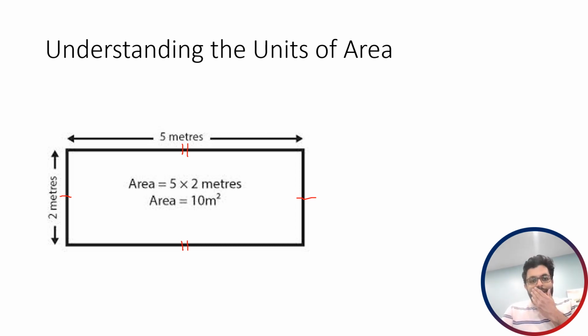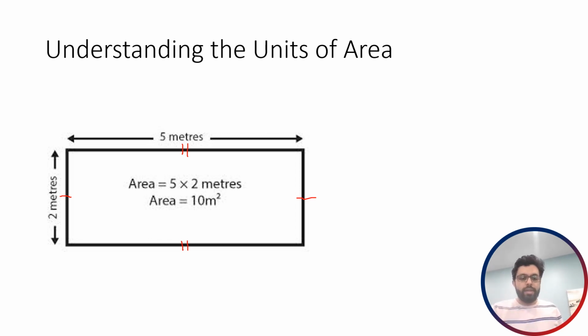So the idea behind area is when we're cutting our bigger shapes like this rectangle into little squares so that we can figure out the area, we want the little squares to have a side length of 1 meter, 1 centimeter, 1 foot, 1 inch, easy to work with units.